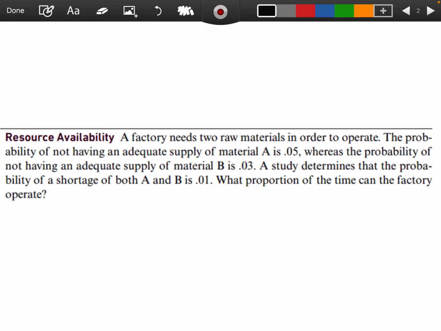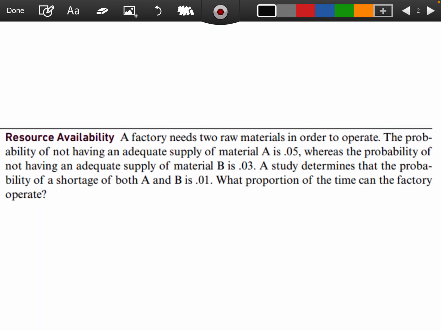So 3% of the time they don't have enough of material B. A study determines that the probability of a shortage of both of those materials is 0.01. So 1% of the time we don't have enough of either of those materials. What proportion of the time can the factory operate?